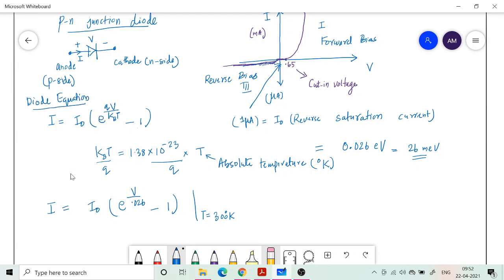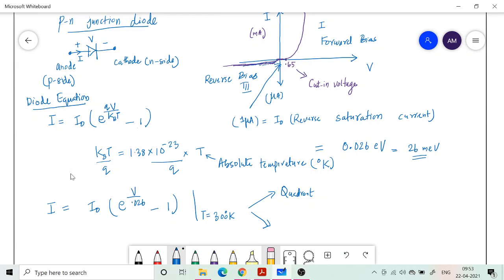So if you compare in quadrant 1, V is positive. V is positive means you see that in the exponential we have V divided by 0.026.